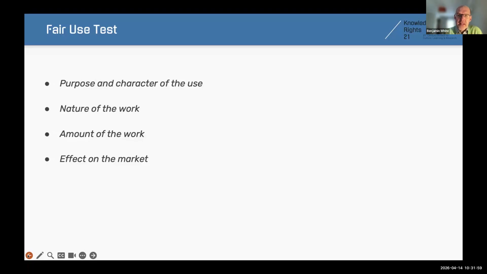The amount of the work: is it proportional to the use? Obviously, in order to do data analysis, you have to copy the whole thing. So courts will often find that you can use the whole work. And then again, we've touched on the effect on the market.